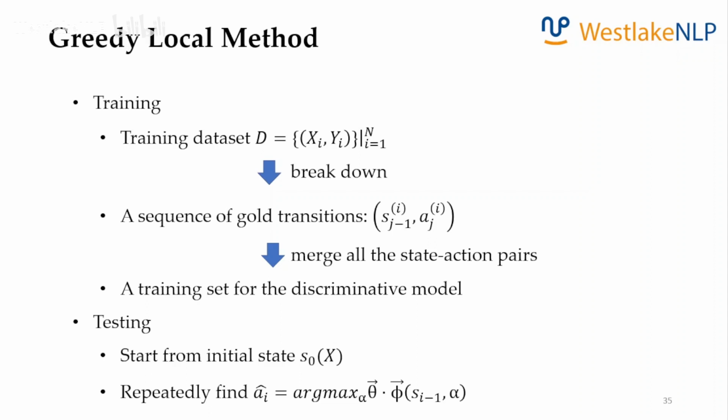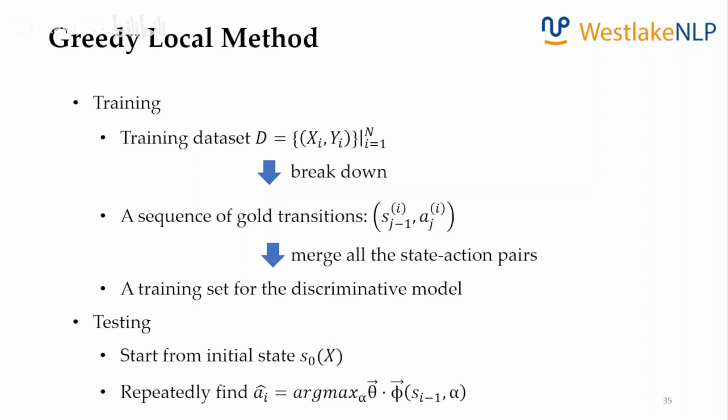And now we have the training data. If every structure is broken into a sequence of actions, then we can model each action individually. And we got a larger set of training examples, where each example is a current state and the next action.